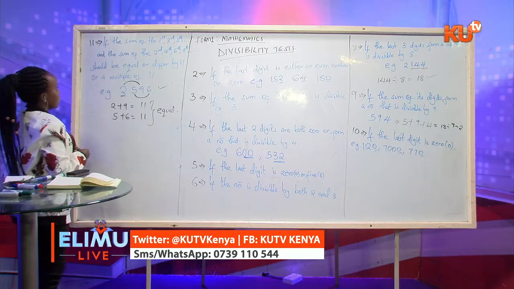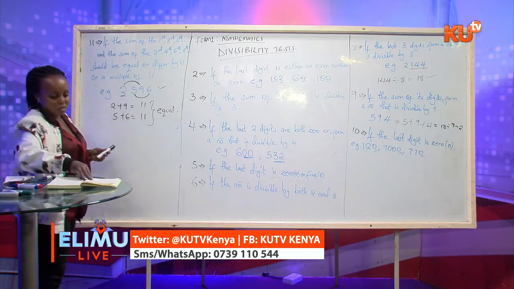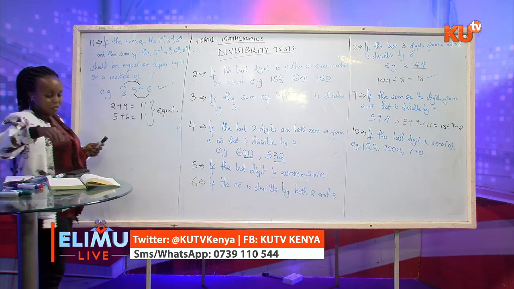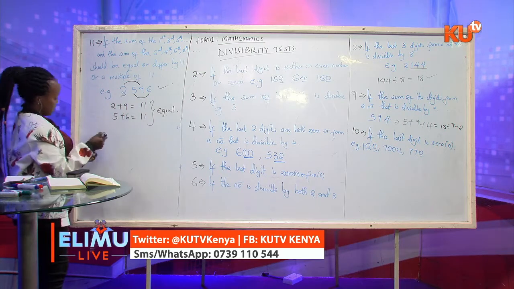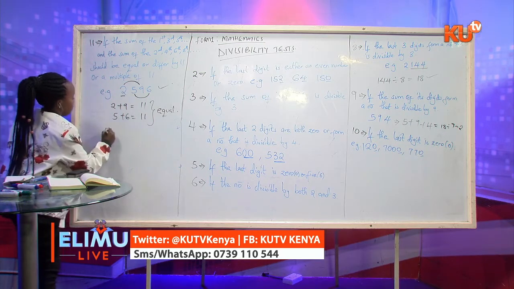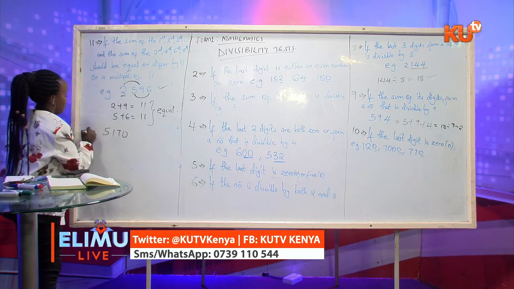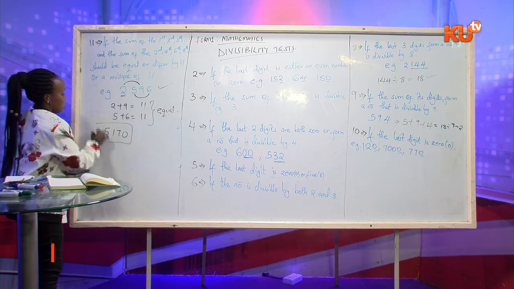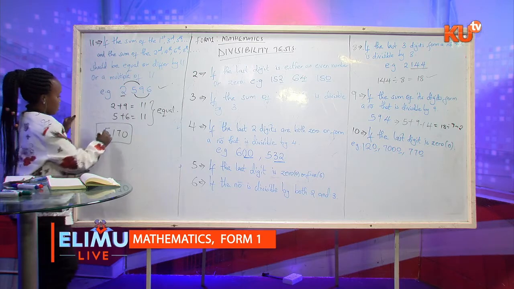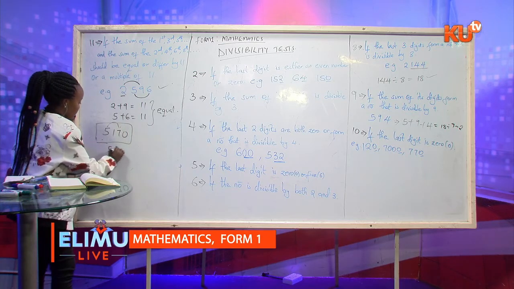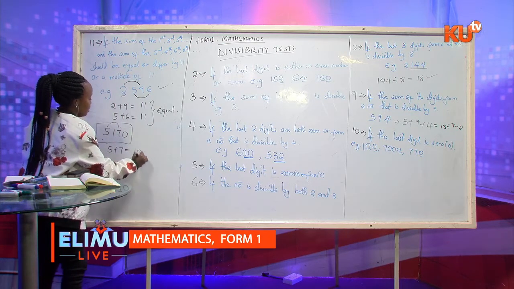Then we can also look at a number whereby we have to find the difference, a number like 5,170. If we have this number, we are supposed to find that this number is divisible by 11. So we're going to take 5 plus 7. This gives us 12.